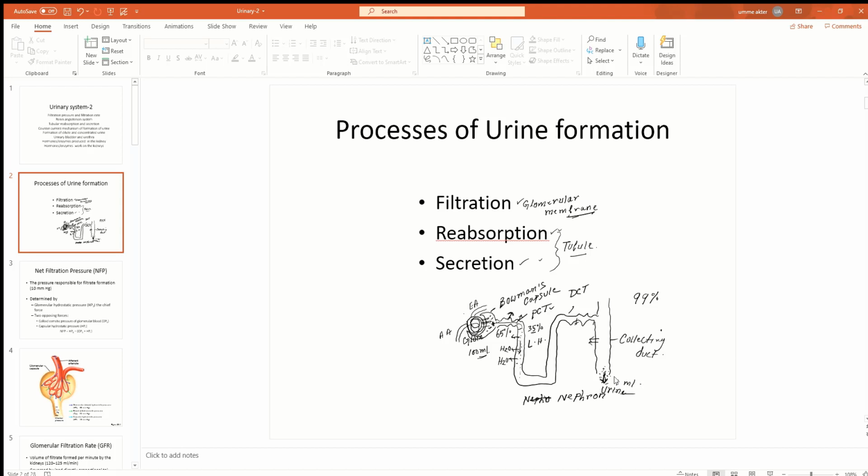Okay, so water reabsorption means water is going back into the body. Okay, so this outside of the nephron is body. So you now see that only water is leaving, however the other chemicals are staying there, right? So as the fluid is going downwards, more and more water is getting out.